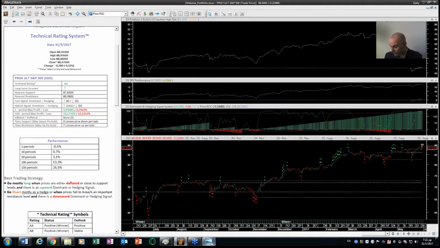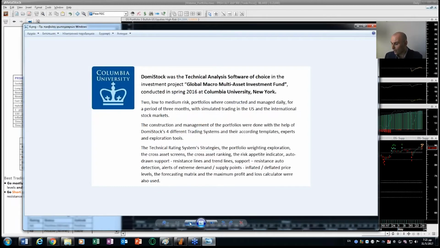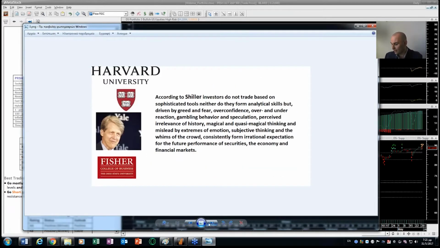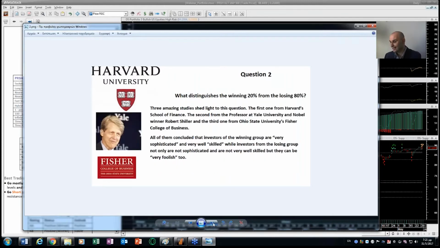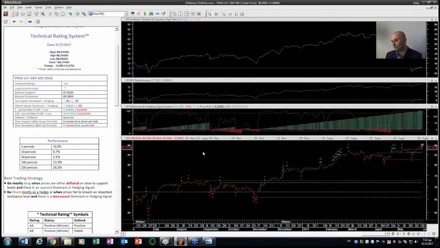And there is a great Harvard research that shows that 80% of individual investors tend to lose in the stock market, and there's only a 20% that actually wins. The answer they give as to why this 20% is on the winner side is that they are much more sophisticated. They use better tools, and these tools are difficult to find.